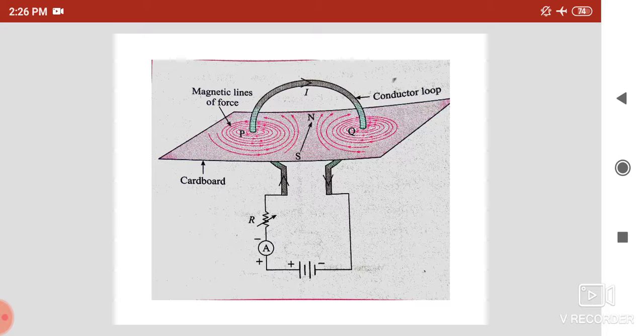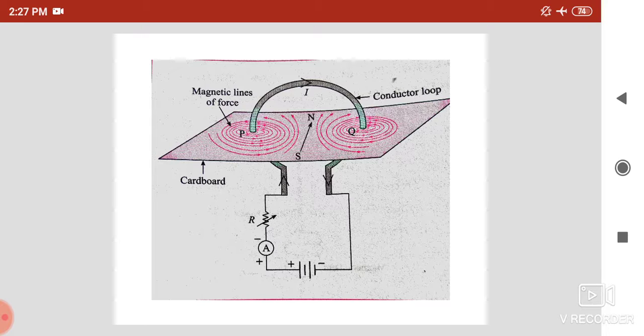If the loop has n turns, suppose 10 turns, the magnetic field produced is 10 times that produced by a single turn. We already discussed the single turn in that activity in the last video. Here suppose there are 10 turns of wire.